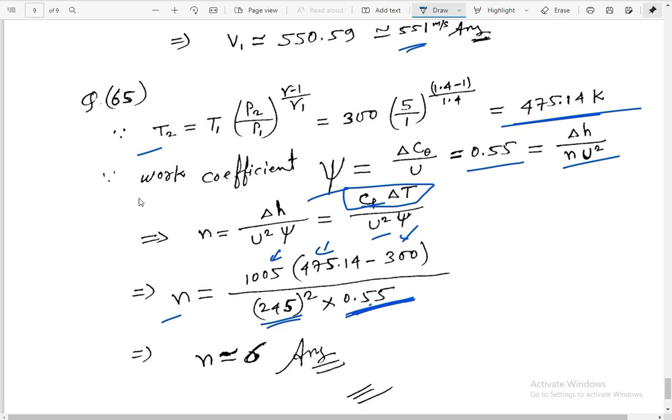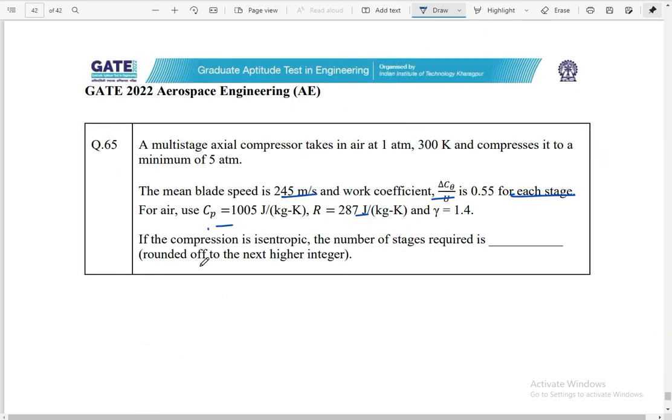Finally you will get around 5 point something, nearest to 6. It says round up to the next higher integer, so even if you get 5.2 or 5.3, we should take the next higher integer, that is 6. So the number of stages required is 6.